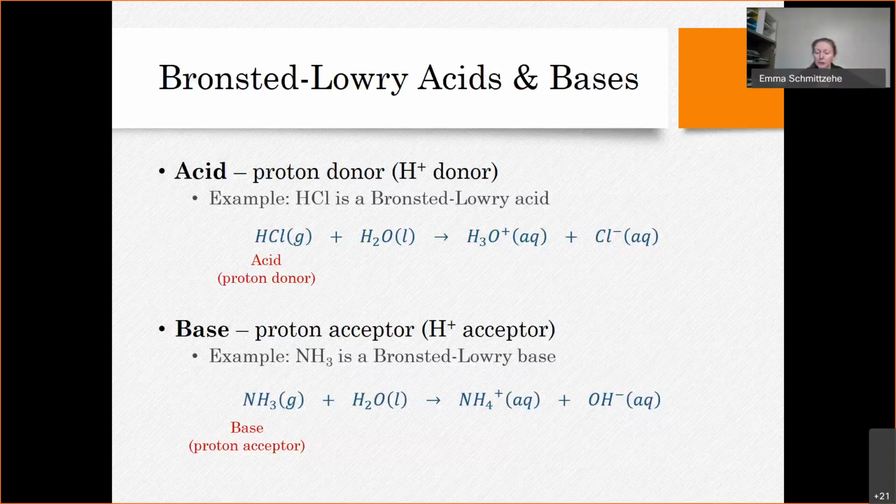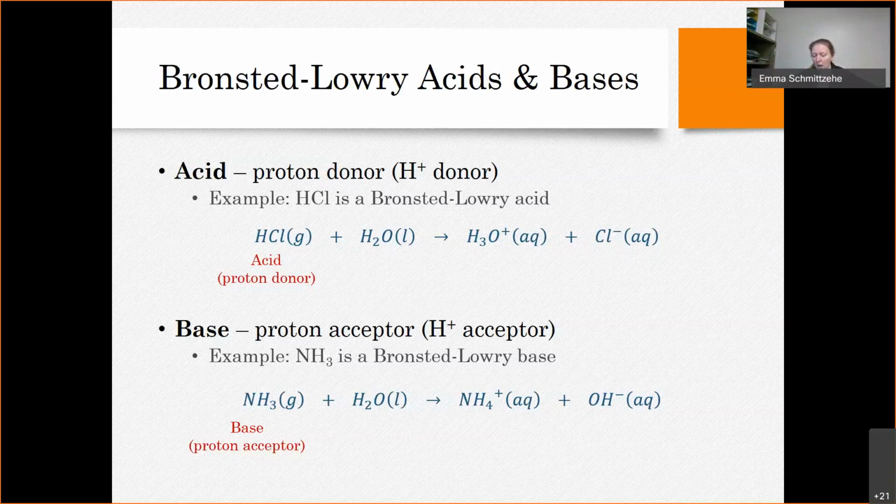But what you have to realize is in this process, you can't only have one of those things happening. For an Arrhenius acid, you could have an Arrhenius acid interact with something else and it not be involved with a base, or an Arrhenius base giving up its hydroxide and not actually interacting with an acid. It just wouldn't form a salt and water if it's not an acid-base reaction.